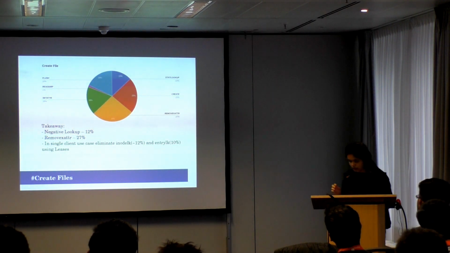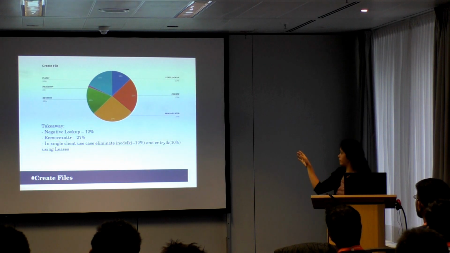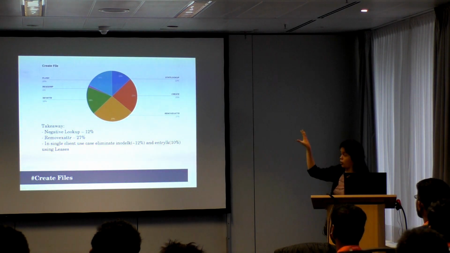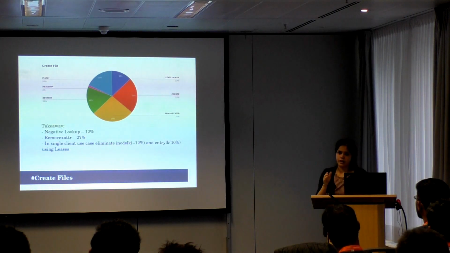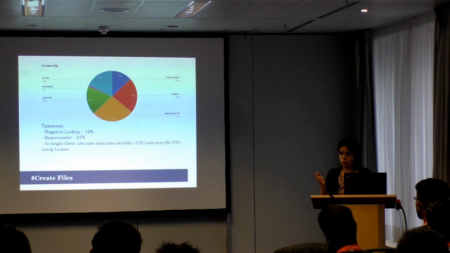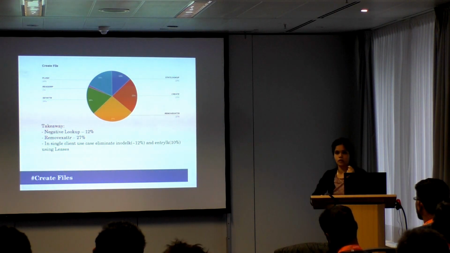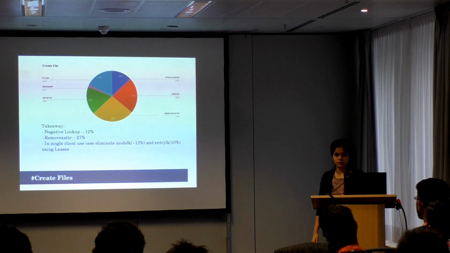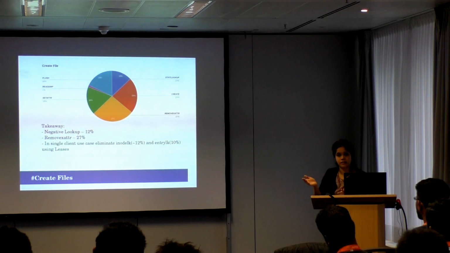And the other thing is, entry LKs and inode LKs account for more than 20% of the total time taken for the create. We can get rid of this in a single client use case by using leases. If it's the only client doing the create operations inside that directory, you don't really need entry LKs on the server to coordinate the races, transactions or synchronization mechanisms.